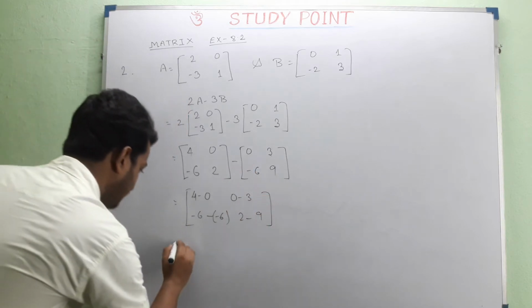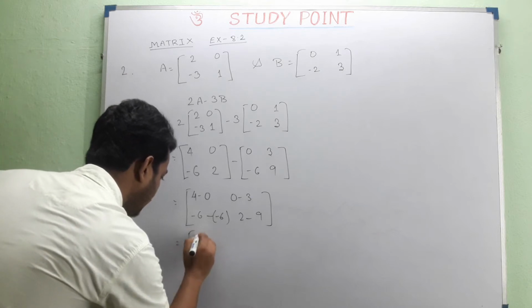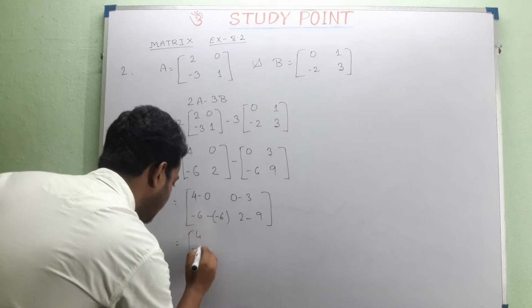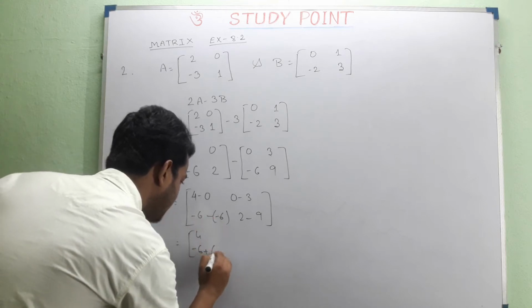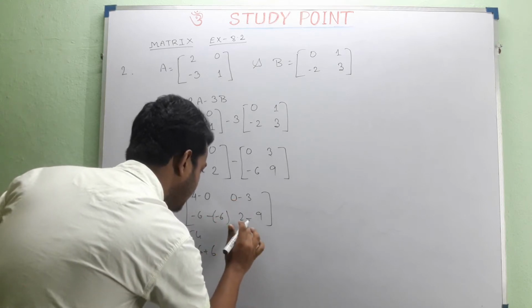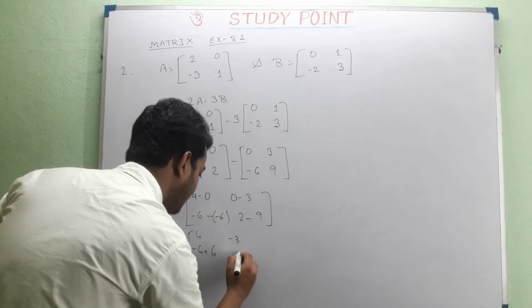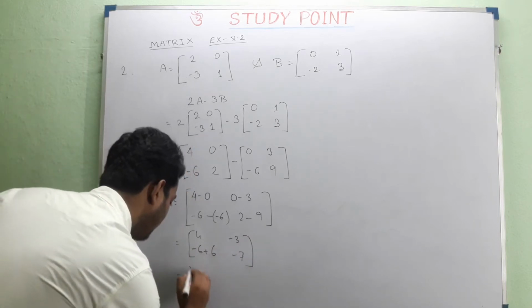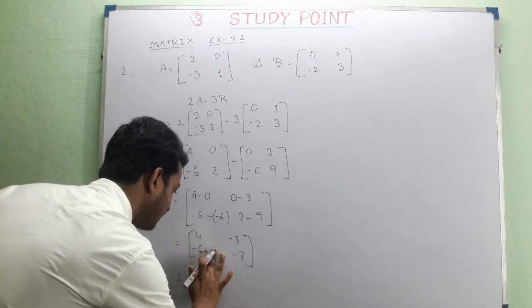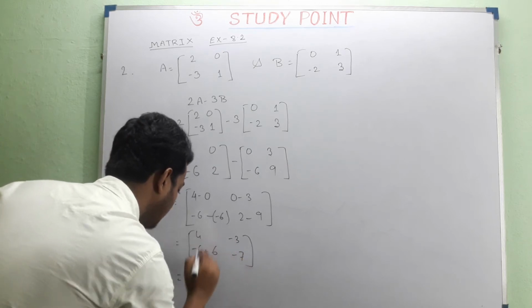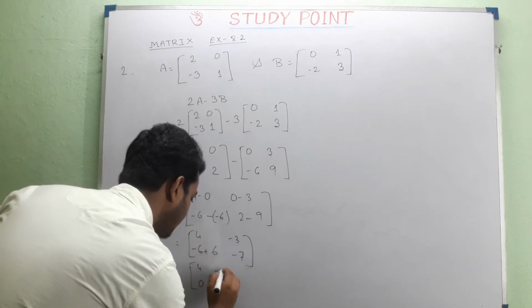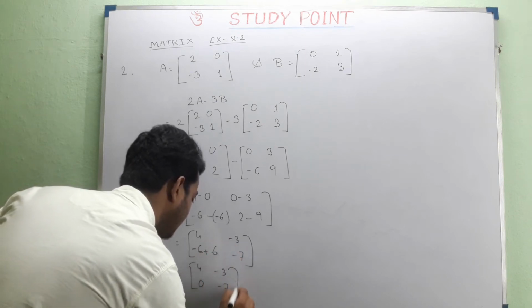Now after doing this, we have to write like this: 4 minus 0 is 4, minus into minus is plus 6, it is minus 3, 2 minus 9 is minus 7. In the last line it will be minus 6 minus 6, 4 minus 6 plus 6 will be 0, it is minus 3, it is minus 7.